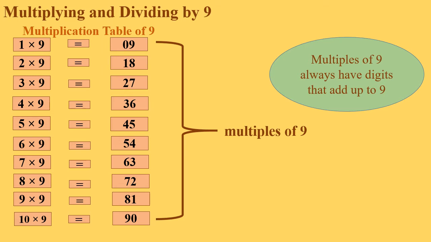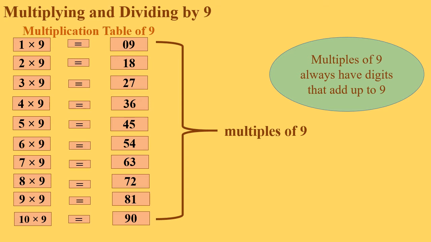Now when you take this one here, 0 plus 9, the answer is 9. And when you take this number 18, 1 plus 8, the answer is 9. Here 27, 2 and 7. When you add 7 to 2, the answer is 9. 36, 3 plus 6, the answer is also 9.